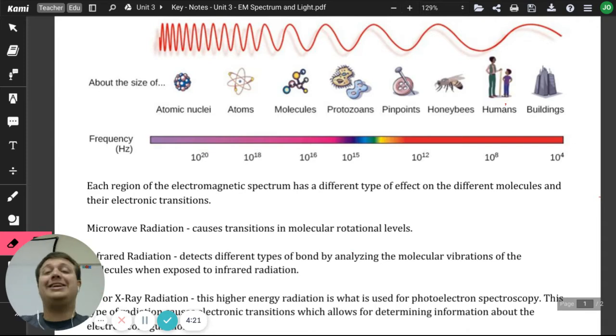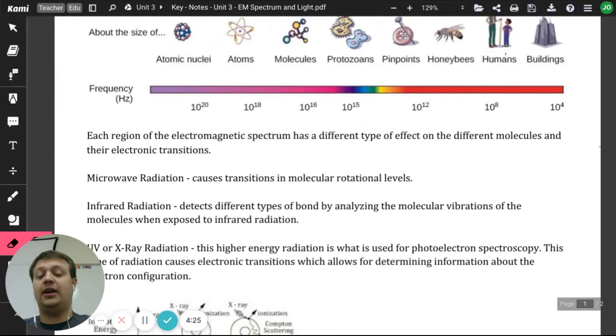One of the things you probably did not talk about are the effects that microwaves, infrared radiation, and then UV and X-rays are going to have on an atom or a molecule. So what are they going to do?